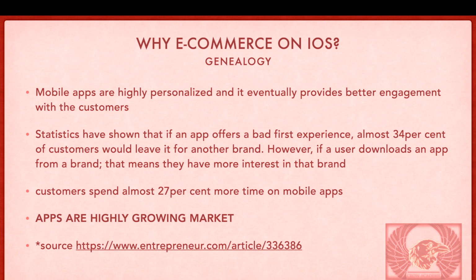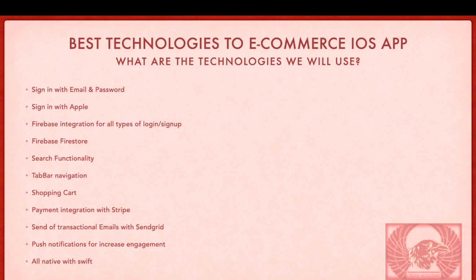Okay, what technologies are we going to use in this e-commerce iOS app? The first thing is that it's going to be free and open source. Everyone could download this application and build their own e-commerce store.